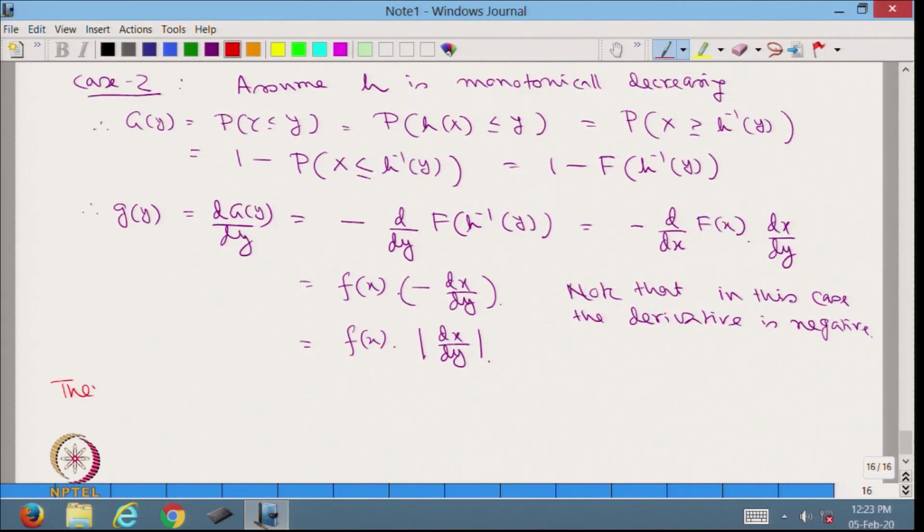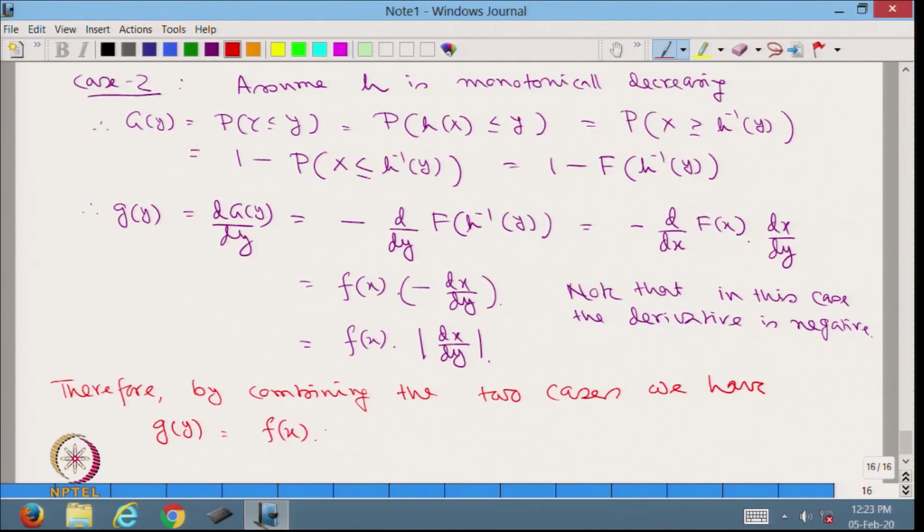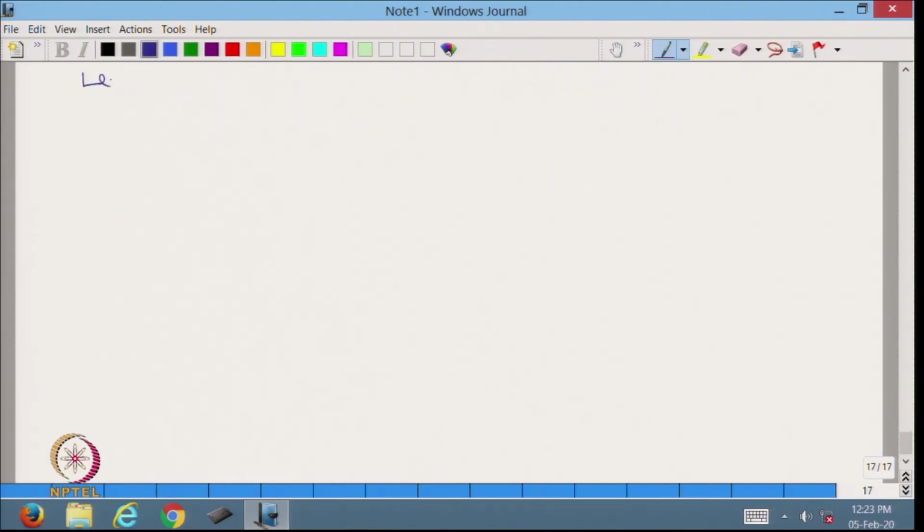Therefore, by combining the two cases, we have g of y is equal to f(x) times modulus of dx/dy, expressed in y.